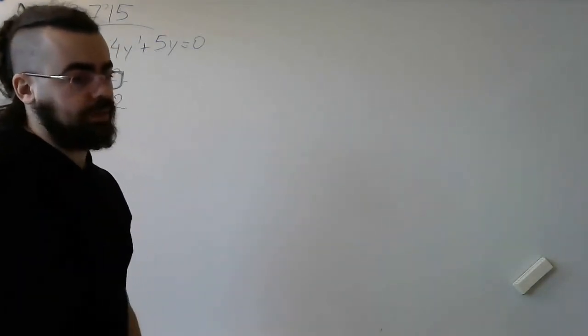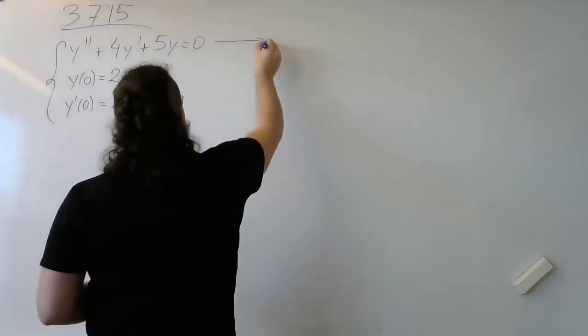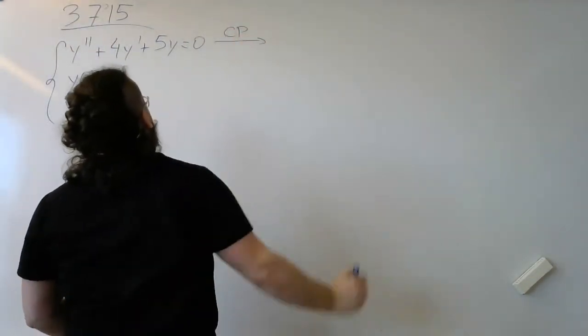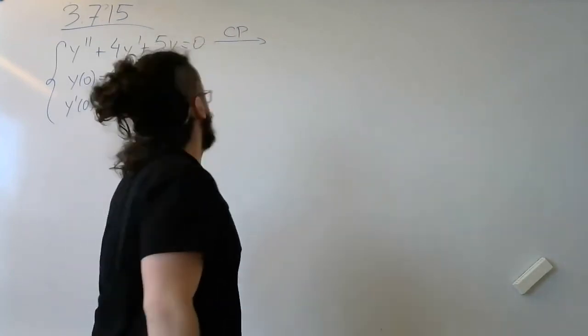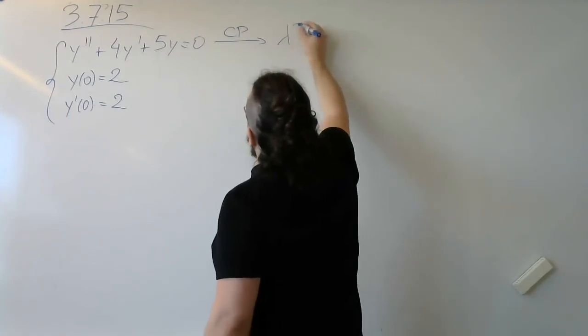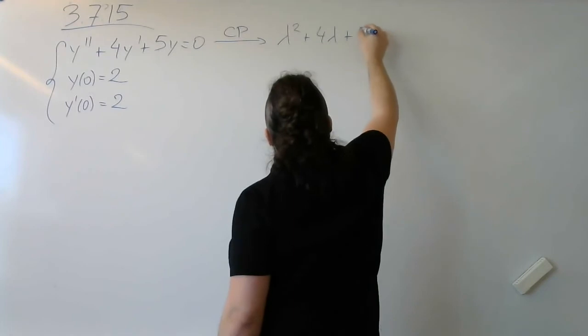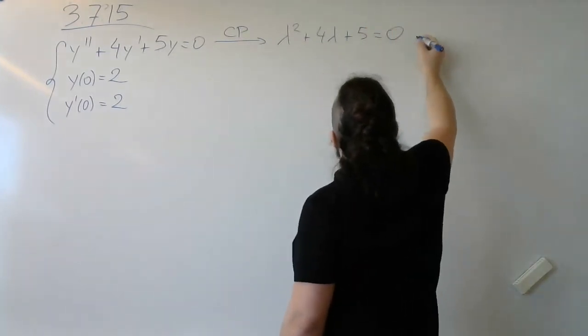So, first thing when solving a second order ODE is the characteristic polynomial or characteristic equation. I generally call it polynomial for the reasons I gave you the other day. Have a lambda squared plus 4 lambda plus 5 equals 0.